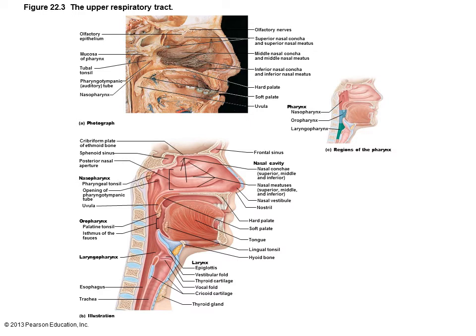The nasal vestibule is the nasal cavity superior to the nostrils. Here, hairs filter coarse particles from inspired air. The rest of the nasal cavity is lined with mucous membranes, the olfactory mucosa and respiratory mucosa. Olfactory mucosa contains olfactory epithelium.